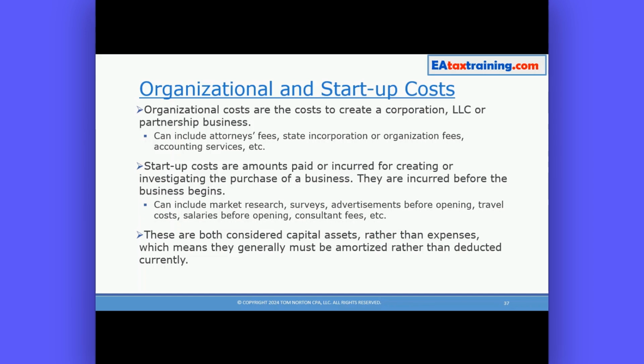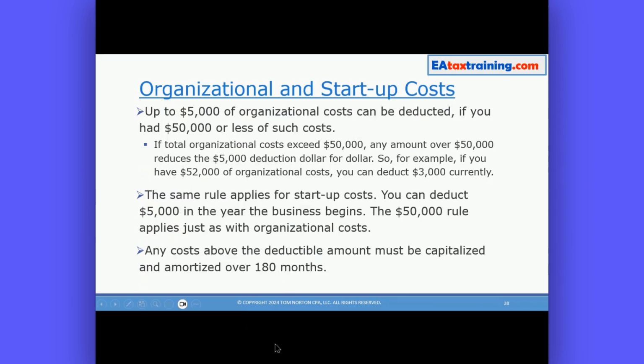However, I think I kind of mentioned before, you might be able to deduct these, so that's what we will talk about next. Up to $5,000 of organizational costs can be deducted if you had $50,000 or less of such costs. So as long as you had $50,000 or less of organizational costs, you can deduct up to $5,000 of those currently, and any remainder you would amortize.